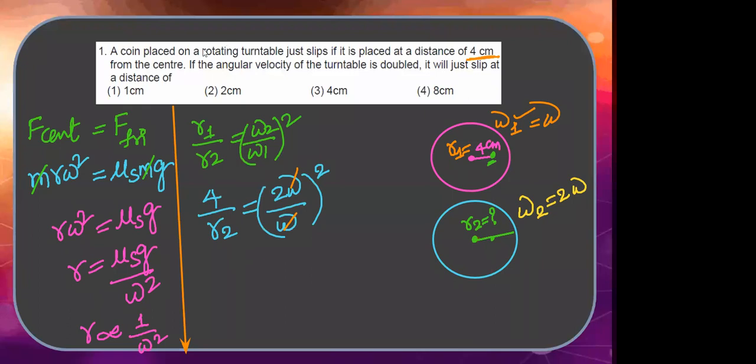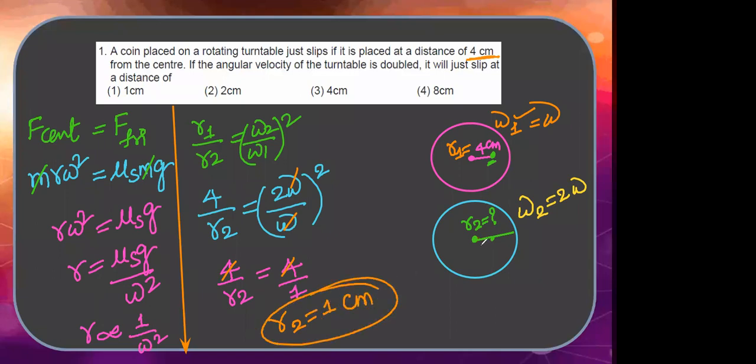Therefore 4 divided by R2 is equal to 2 whole square, which means 4 divided by 1. 4 and 4 get cancelled. Then R2 is equal to 1 centimeter. If the angular velocity is doubled, even if it is placed at 1 centimeter from the center, it will fly off.